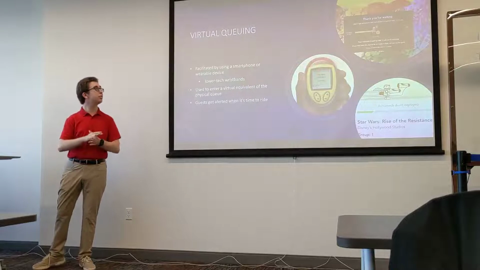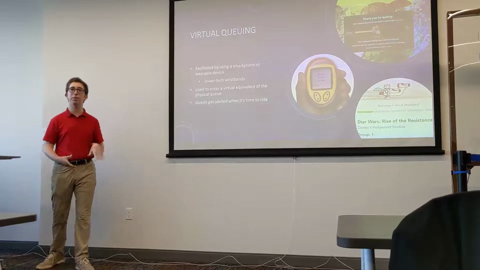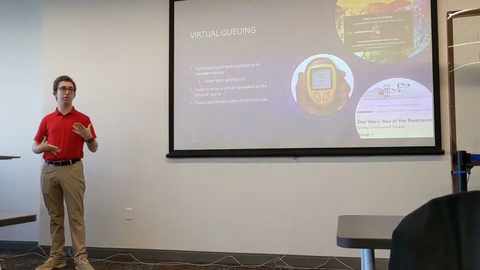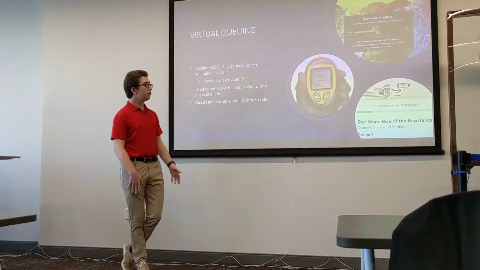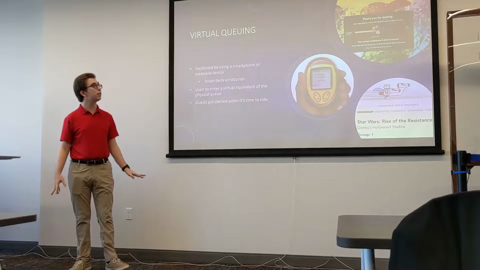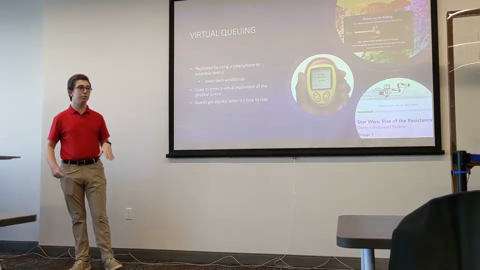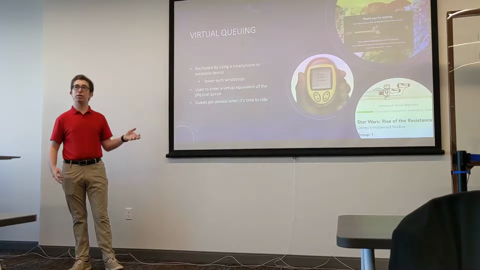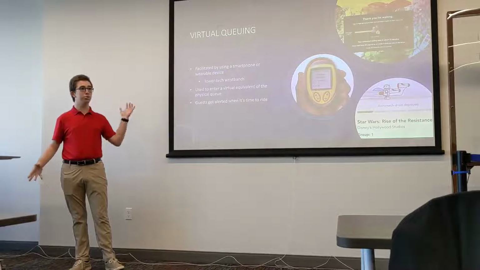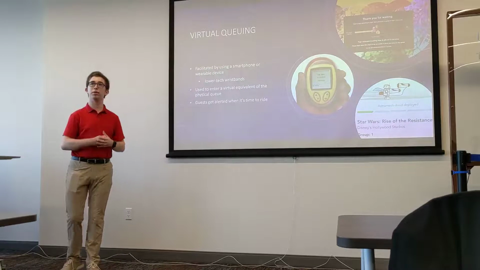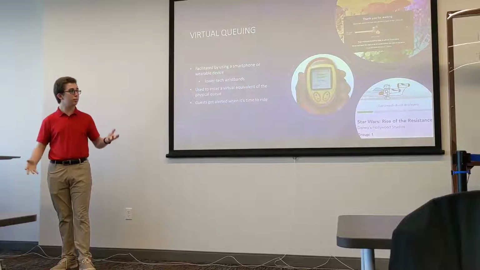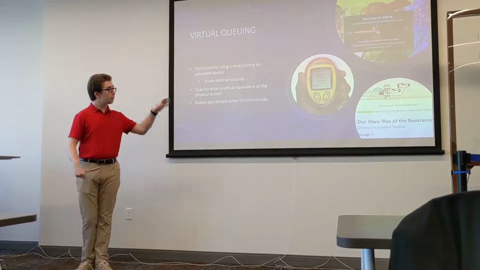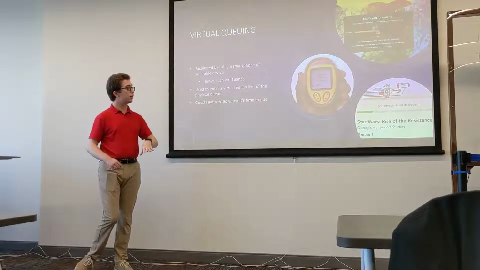We also have our virtual queuing. This is facilitated by a smartphone or a cheap device such as our QBot in this picture. Everyone nowadays has a smartphone, so parks are getting more away from rental devices and more putting the virtual queuing on the phone. But in the beginning, when people didn't have smartphones as much, they started out with devices like that.